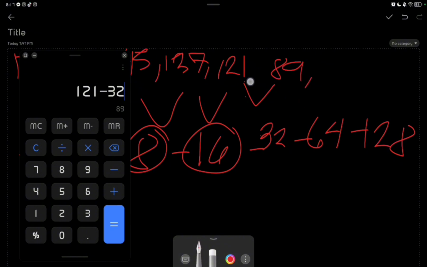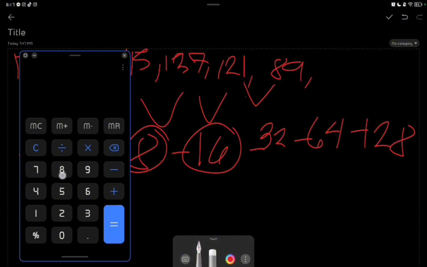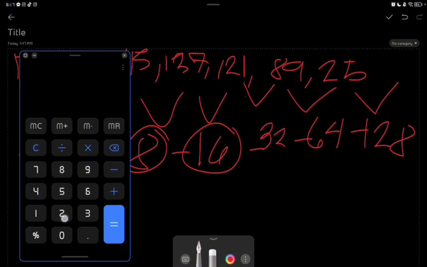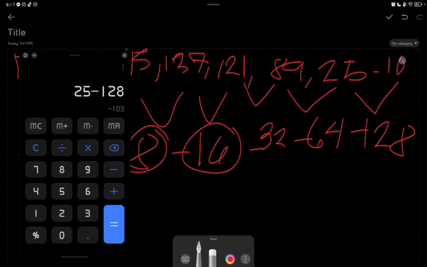And then the next is 89 minus 64, it is 25. It's like this. And then the last is 25 minus 128. It is negative 103. So we will put 103 negative. And then that's it for number 5.